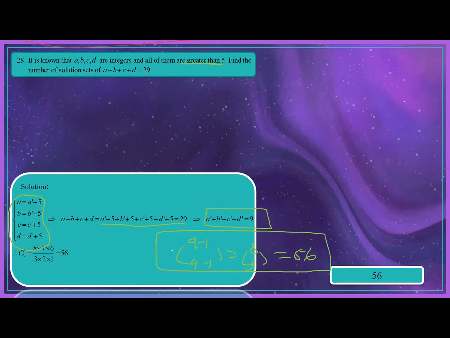Minus 1. No, that should be 8C3 only. Okay, that should be 8C3. Should be minus 1, everything.